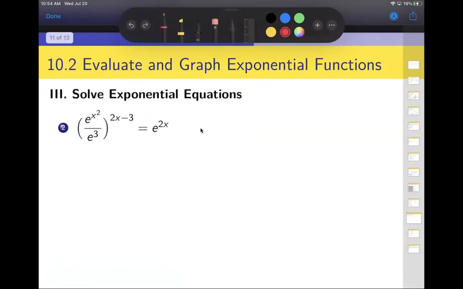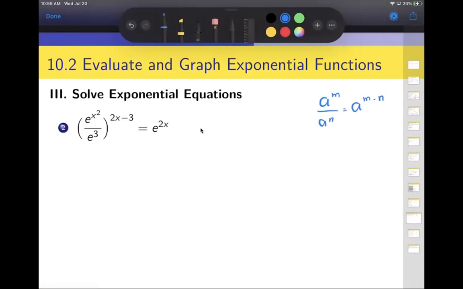On the left hand side, I have e to the x squared over e cubed, and I just need it to be one e. Let me remind you of the exponential rule: a to the m divided by a to the n is equal to a to the m minus n. I hope you remember. So a here is e, m is x squared, and n is 3.